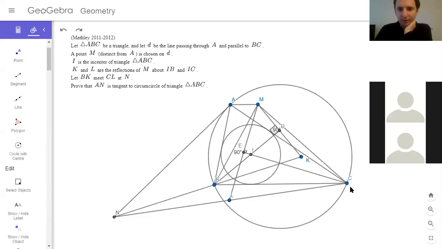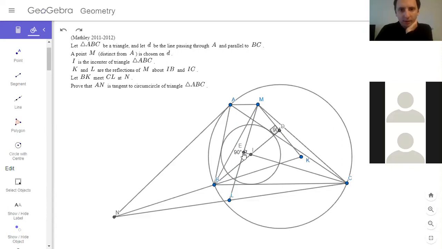Yeah, so we have a triangle ABC, and then we draw the parallel through A to BC, and we pick a point M on that parallel line. And then we draw the perpendiculars to BI and CI, where I is the incenter. So D and E are the perpendiculars from M to BI and CI.